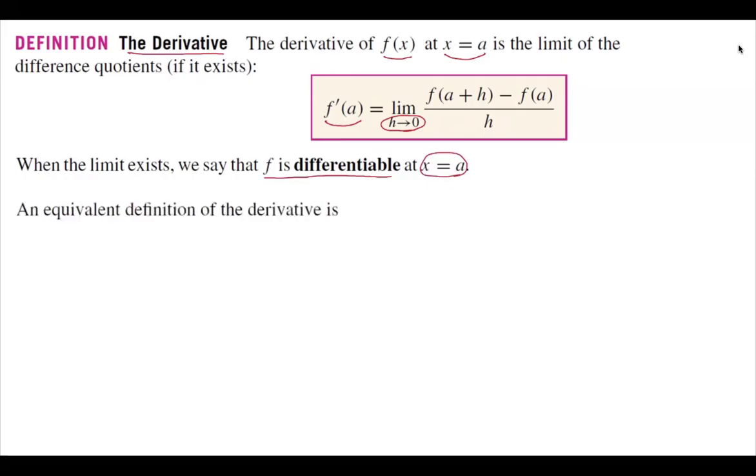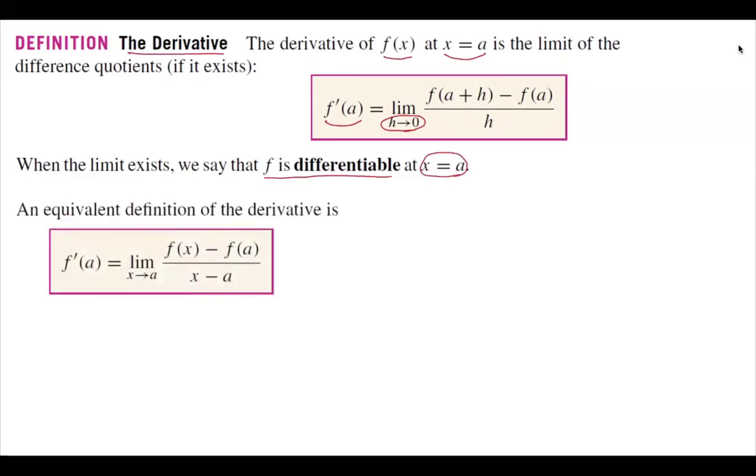An equivalent definition of the derivative is f prime at a is the limit of f of x minus f of a, divided by x minus a, as x approaches a. Basically, you have the secant line passing through 2 points like P and Q as the distance between a and a plus h is getting smaller and smaller.